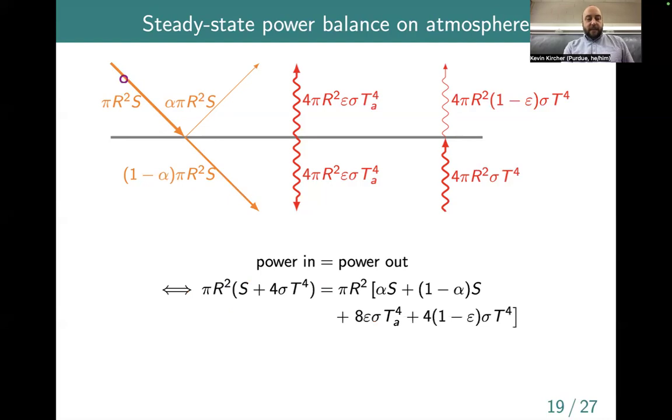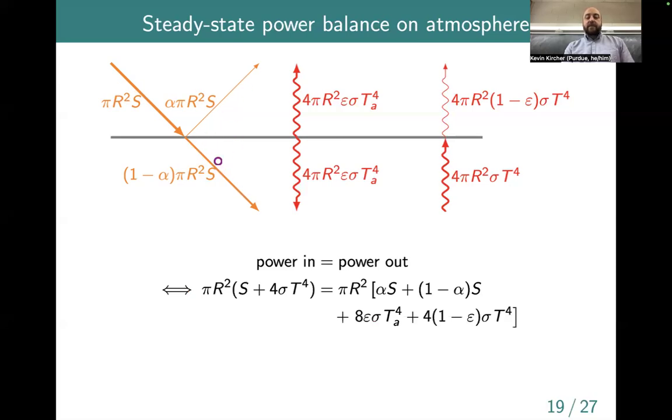So everything coming in is sunlight from space, plus some long wave radiation coming back up from Earth. So we get pi r squared times the sum s from this term, plus 4 sigma t to the fourth, which comes from this term here. And then on the right-hand side, we look for everything that's coming out. So we have an alpha s up here.